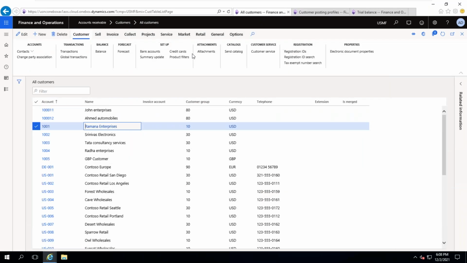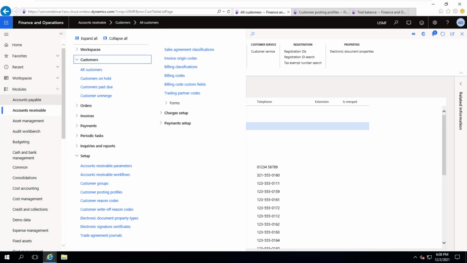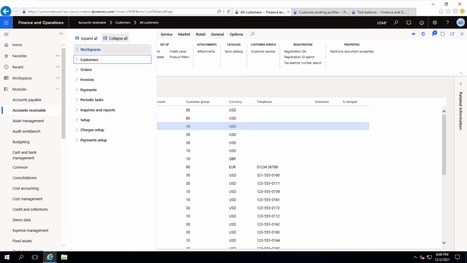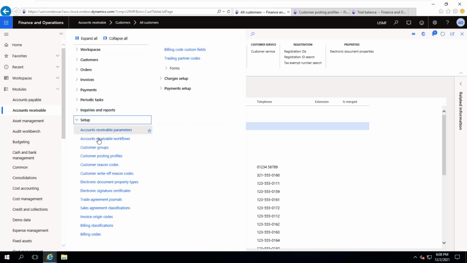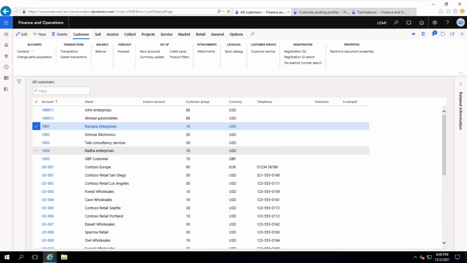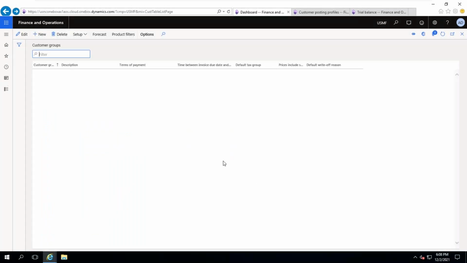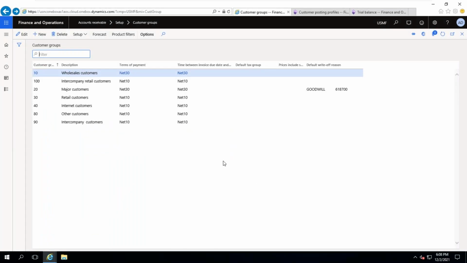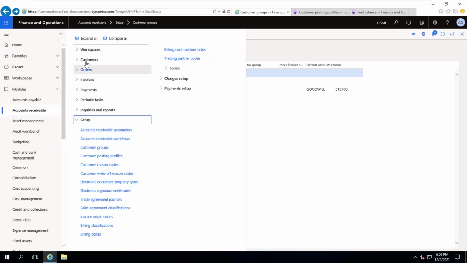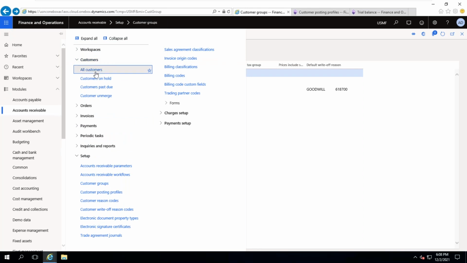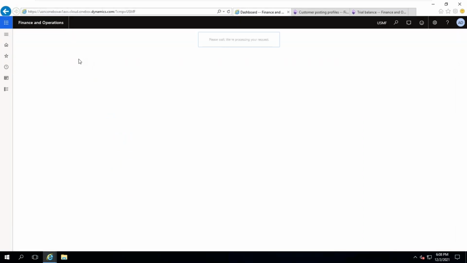Here in the customers, there are groups. Where can we see customer groups? Here in this setup, you will find customer groups. There are customer groups 10, 20, 30, 40, 80, 90, 100. While creating a customer, customer group is mandatory.